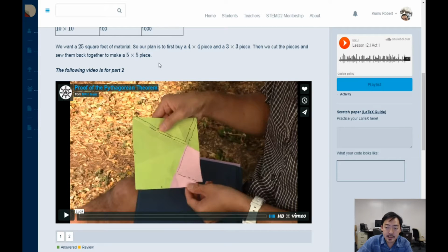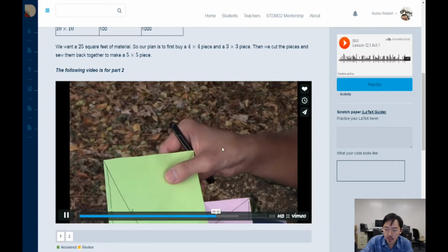With these square pieces of paper, we will cut them up and then we will tape them back together into one bigger square. The final square will have sides of length C, where C is the length of the hypotenuse that you get from an ABC right triangle. This proof will always work no matter what A and B you choose in the beginning.